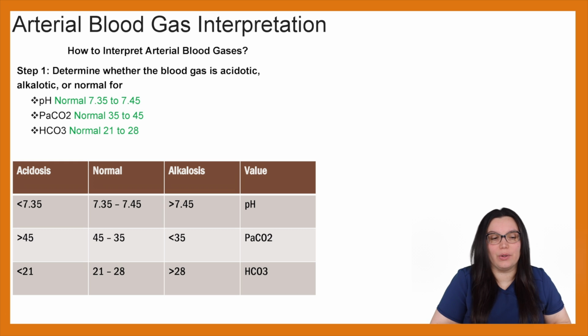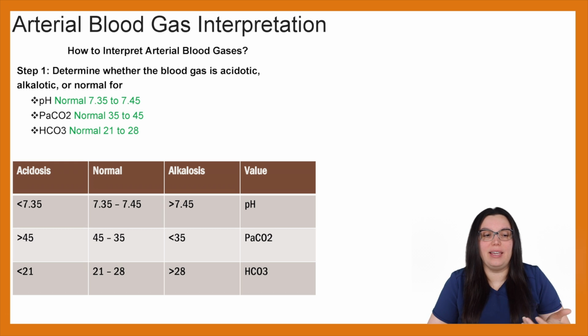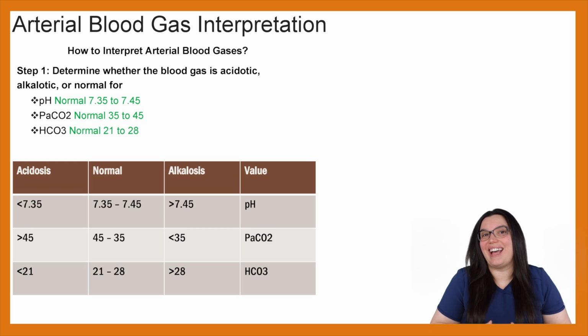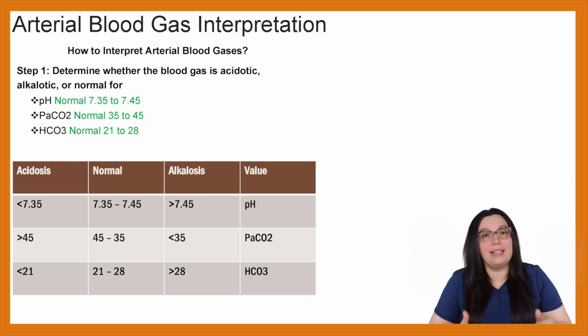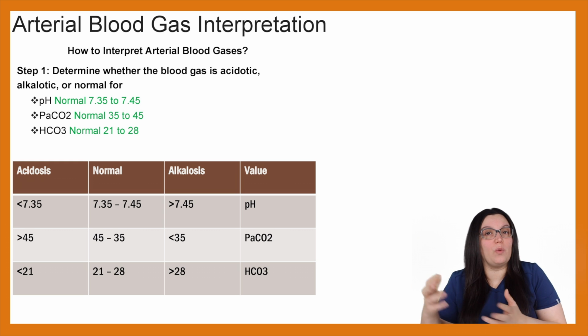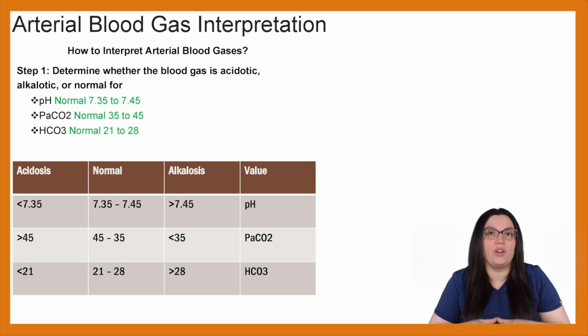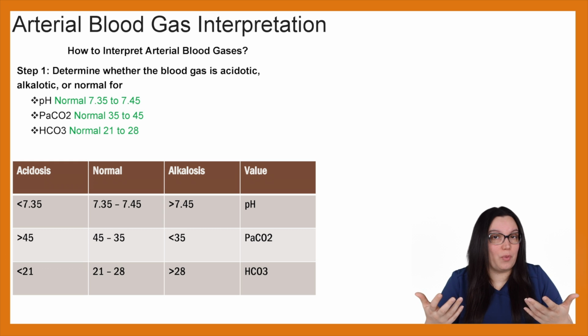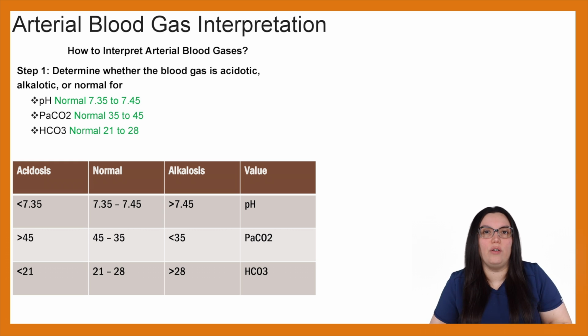It's going to decrease. So if we have a pH less than 7.35, we know we're in an acidotic state. Whereas on the opposite end of the spectrum, if it's above 7.45, we've got less acid, we've got more base, it's going to cause our pH to increase, making it greater than 7.45, and we're going to be in an alkalotic state.